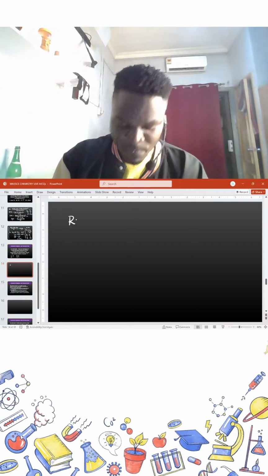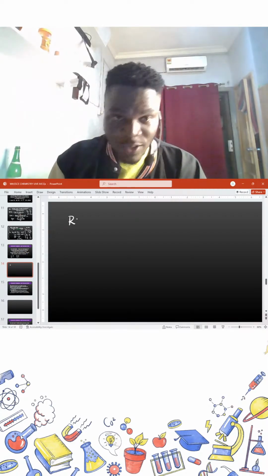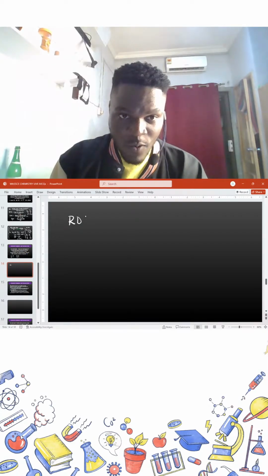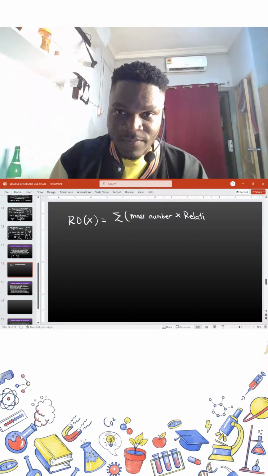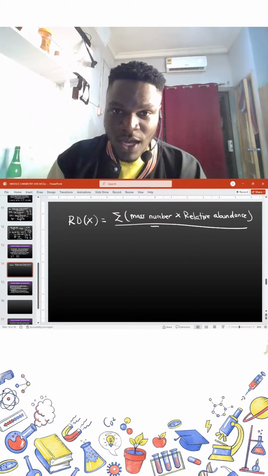Relative atomic mass for isotope X is equal to, we quote the formula, the mass number multiplied by the relative abundance, all divided by the total abundance.